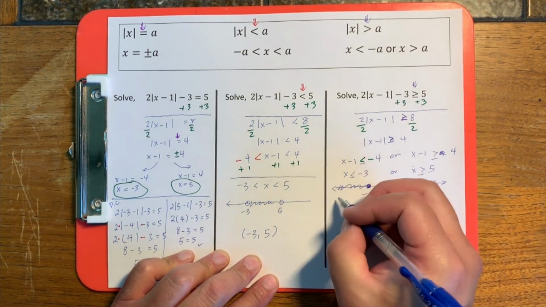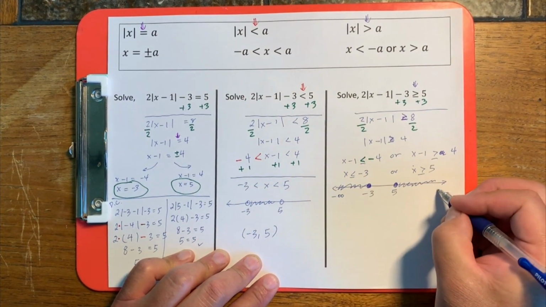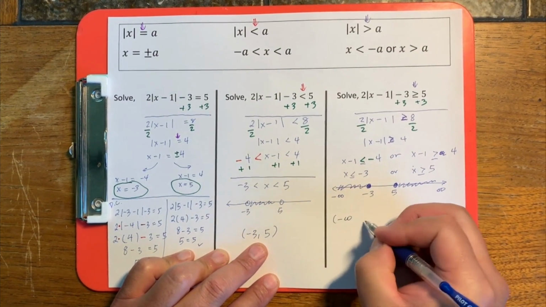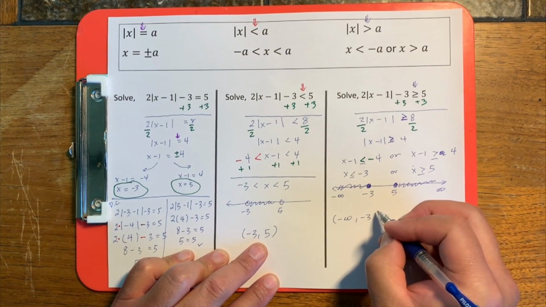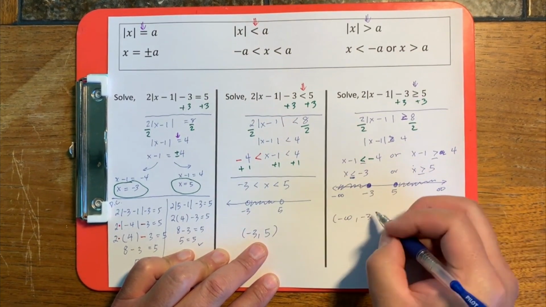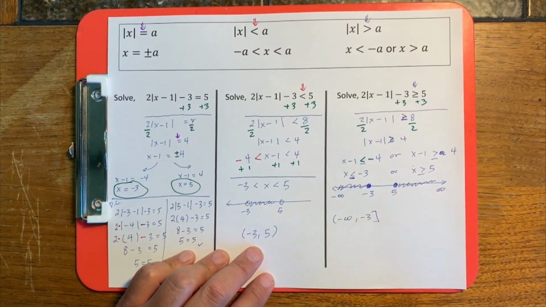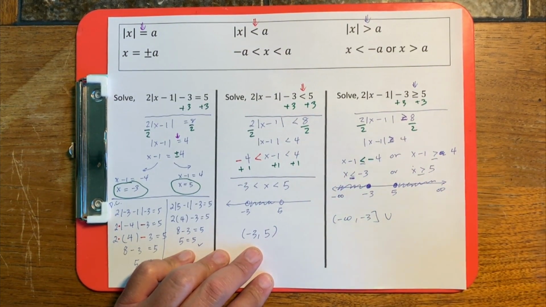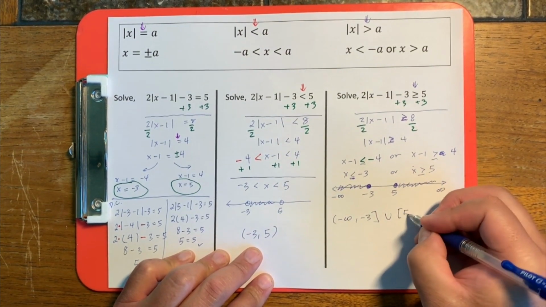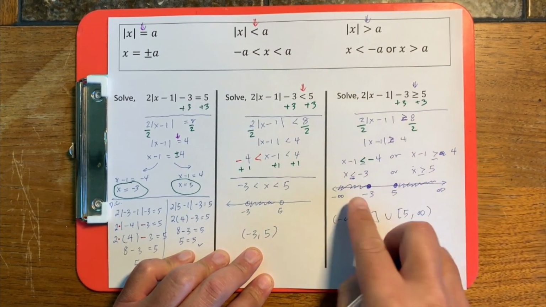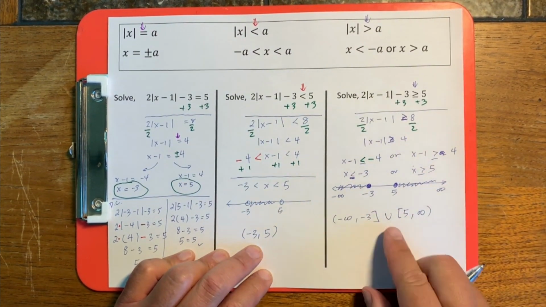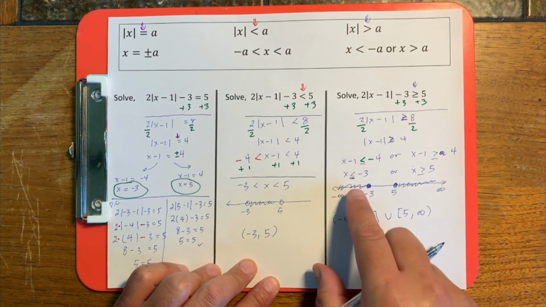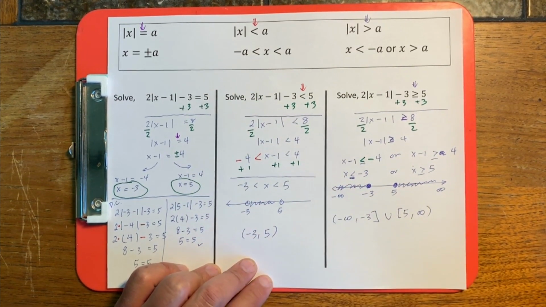So we'll have negative infinity to negative 3, and then because that's an equal, we will put a bracket there. And then instead of an or, we put a union. They mean the same thing. It means that I have two intervals that are not connected. And this U is a union sign that connects these two non-connecting intervals into one answer.